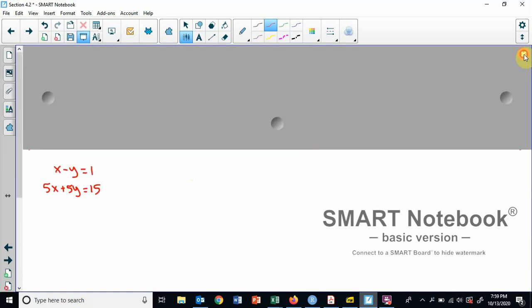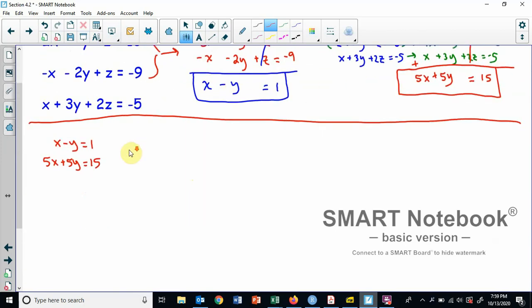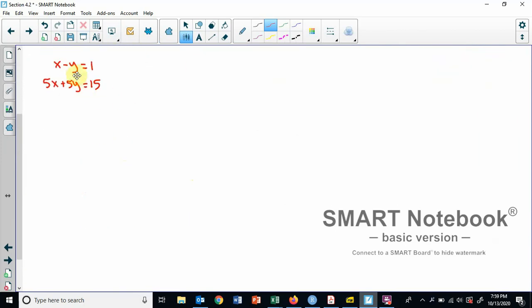So I've created this new system. Let's forget about all this for a second, and let's just solve this new system. I'm going to use elimination just because we've been doing everything through elimination so far. And notice if I multiply through by 5, this is a positive 5y, this is a minus y. If I multiply by 5, that would give me a negative 5y, and it would cancel or eliminate with this positive 5y.